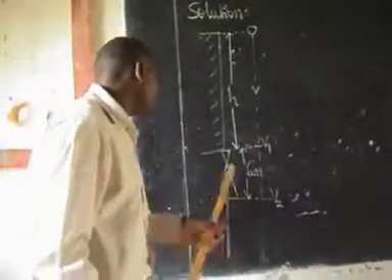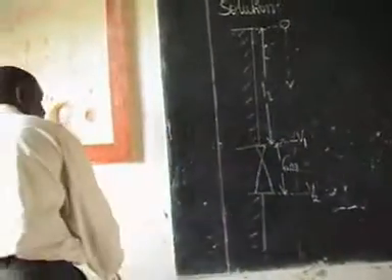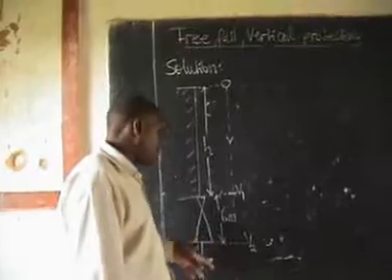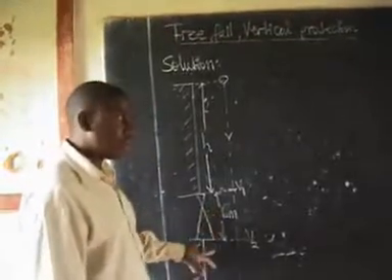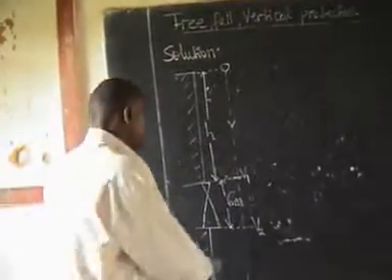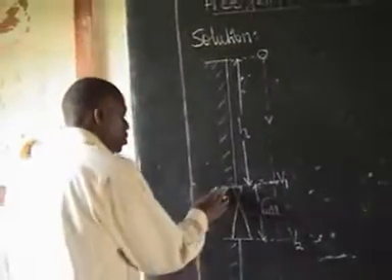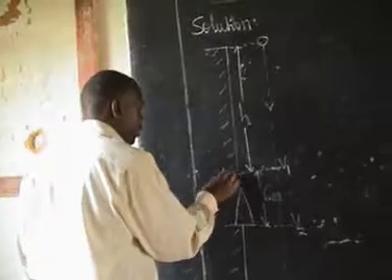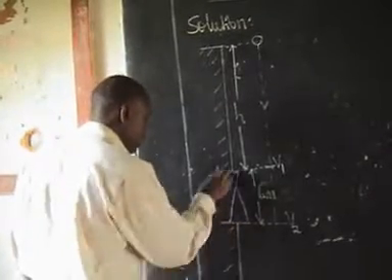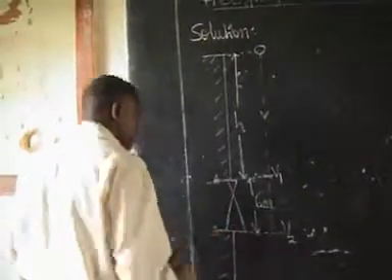However, this requires you to use the window height and the time taken. So we are going now to form two equations having the given information. I'm going to call this level A, and this level B.